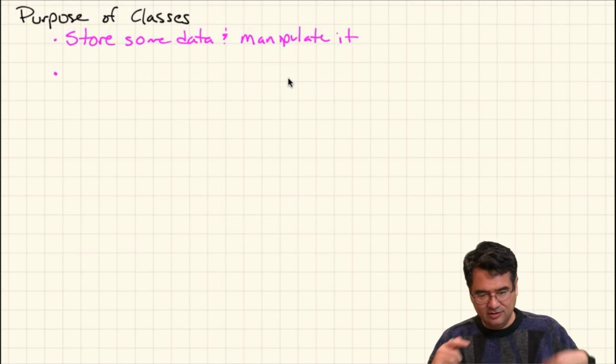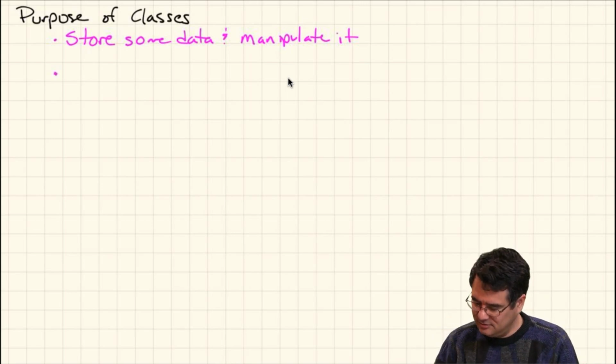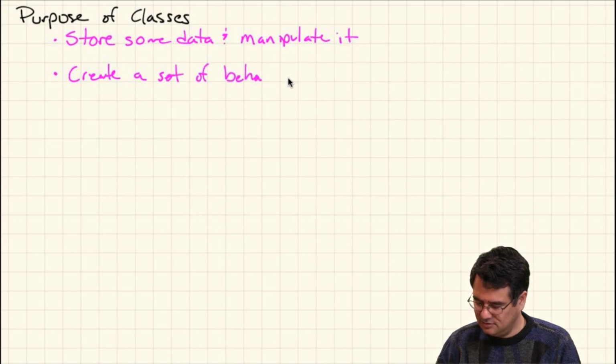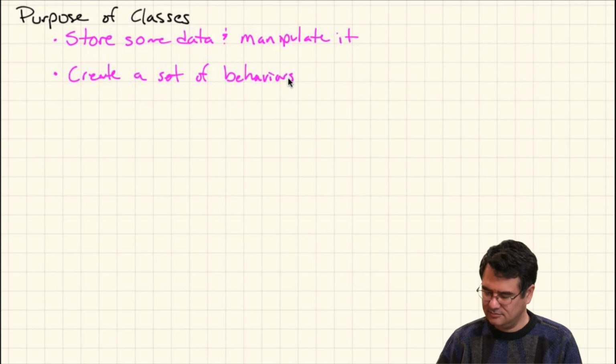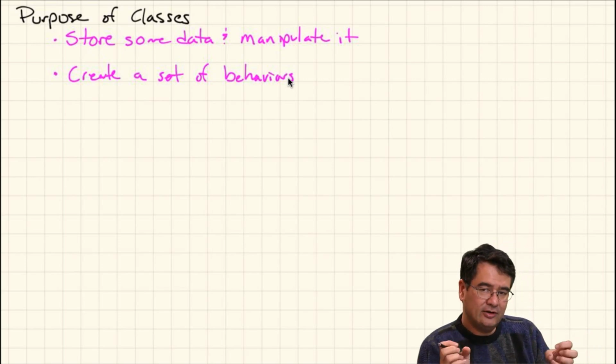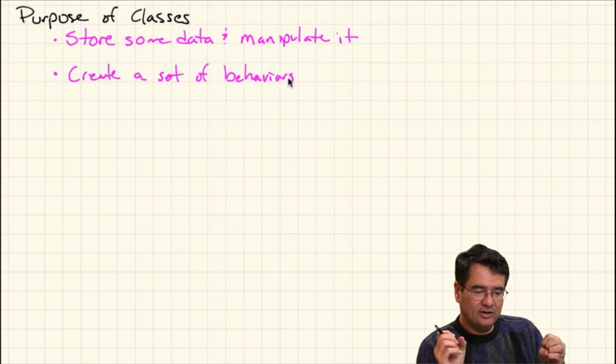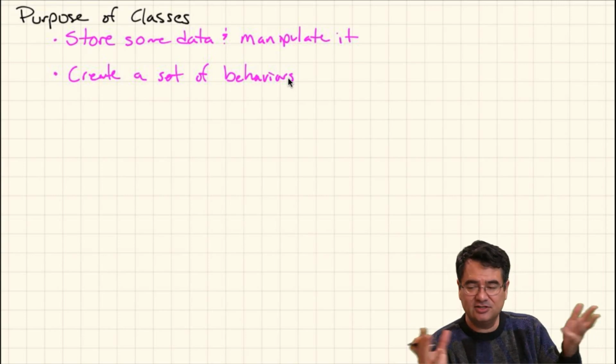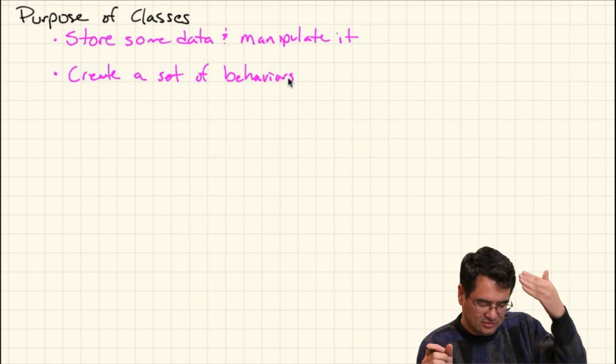But the other reason is to flip that around. What we want to do is create a set of behaviors. So one of the reasons why you write a class is you want to model something that perhaps exists in the real world, or something that's just in your mind.